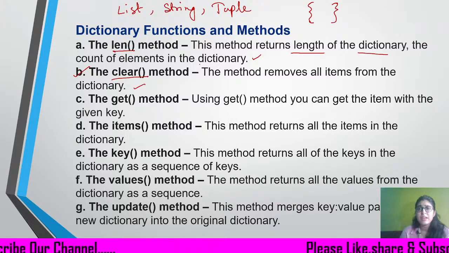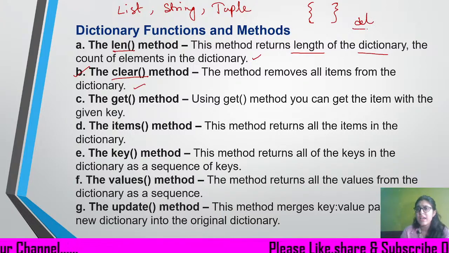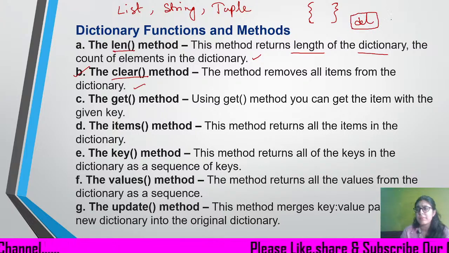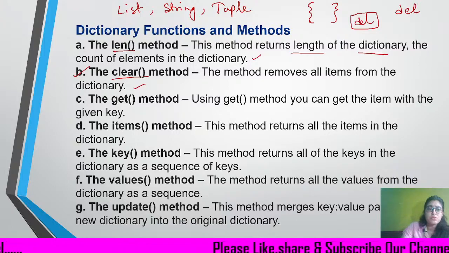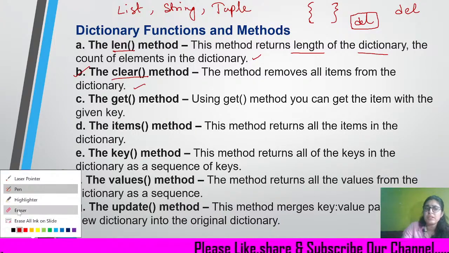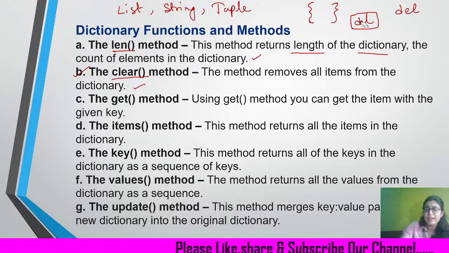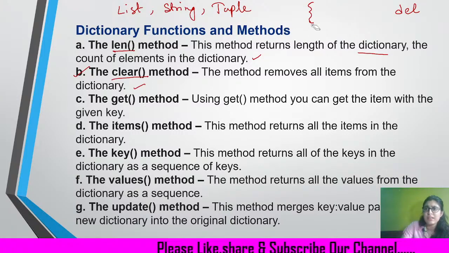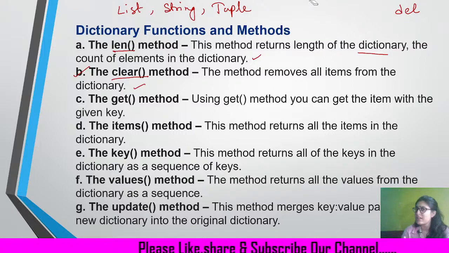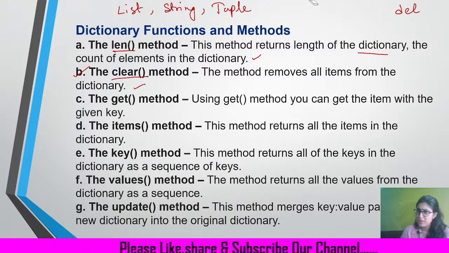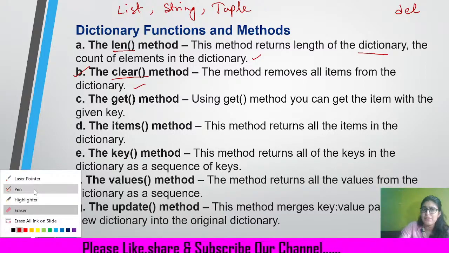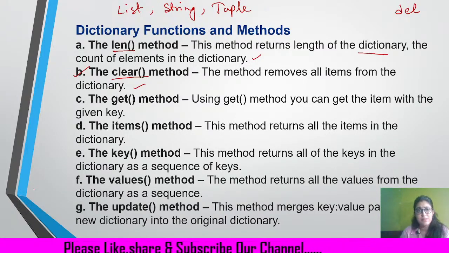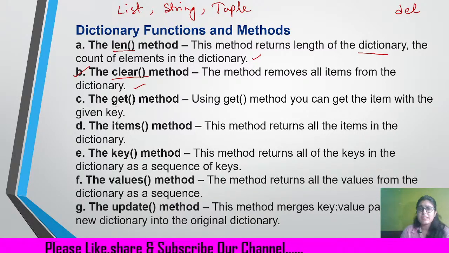What command do we use to delete it? The del command. I am writing it freshly. We can use the del command to delete the full dictionary. Then even these curly brackets will not be there. It will be deleted from the memory location itself. I hope you have understood what the clear method does. Now the get method.